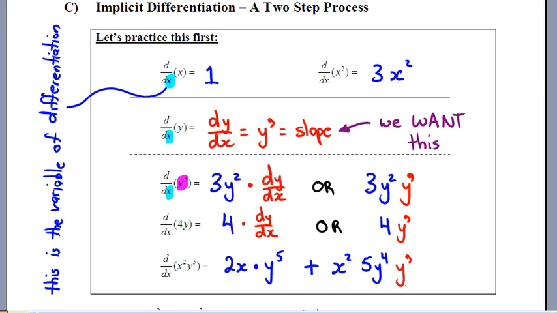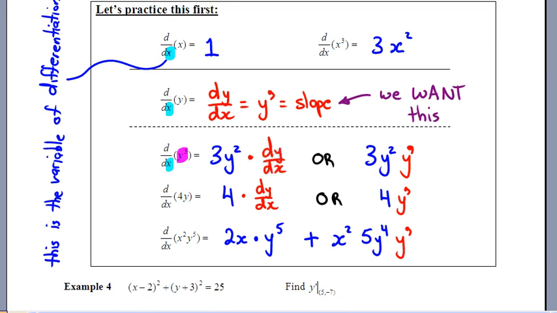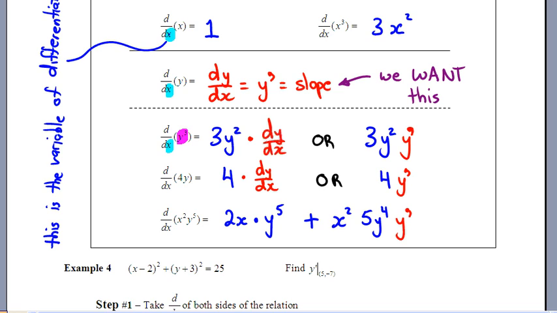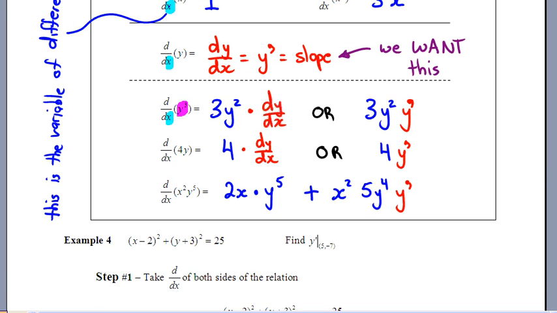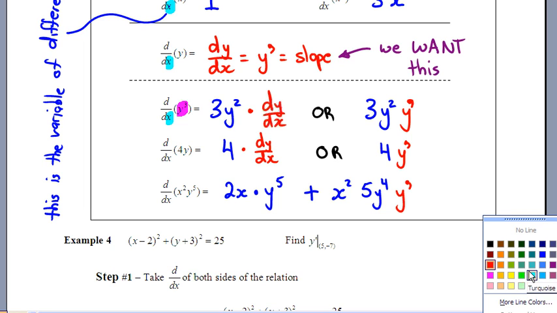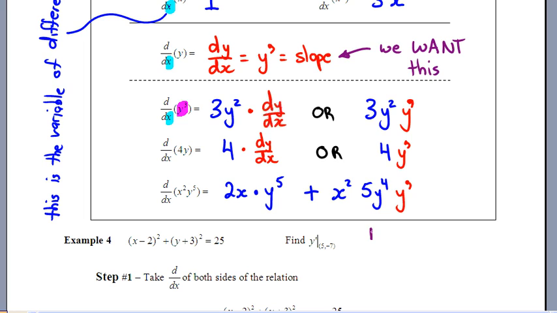All right, with that said, we are now ready to go. We're going to do some implicit differentiation of that same circle, and we're going to do the same point, 5, -7. Also, worth noting this, quite important for today: note, we need a pair.